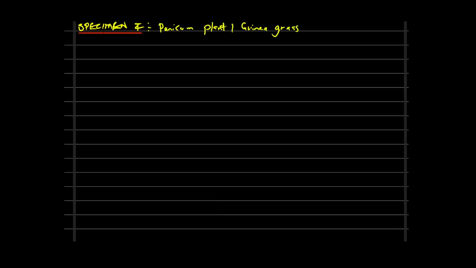So what is the Guinea grass? The Guinea grass is a forage, a plant that is mostly eaten by ruminant animals. It is fed upon by ruminant animals. It is a perennial plant, that is, its life cycle is more than a year, in fact more than 2 seasons.